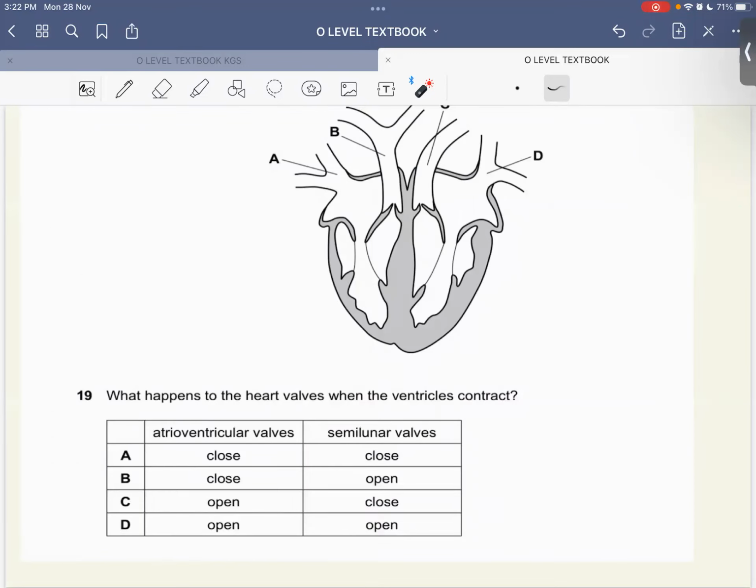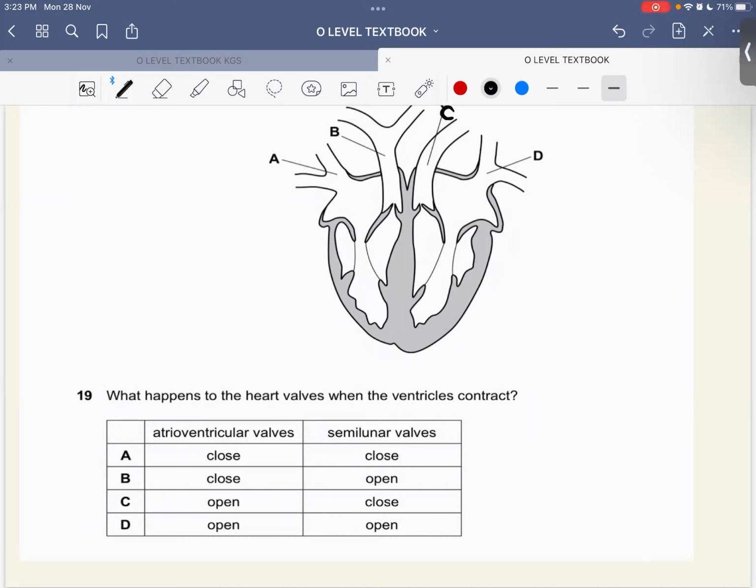Okay. Answer. What happens to the heart valves when the ventricles contract? The atrioventricular valve closes when the ventricles contract. Miss, it's going to be C. No. Think about it.